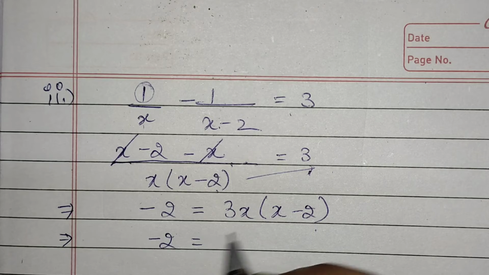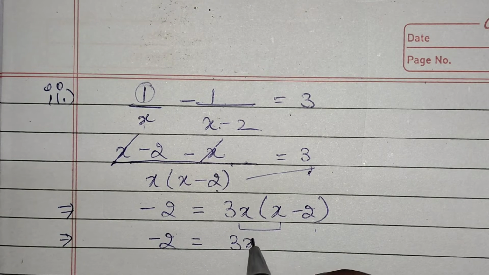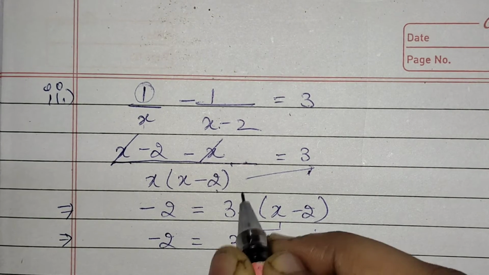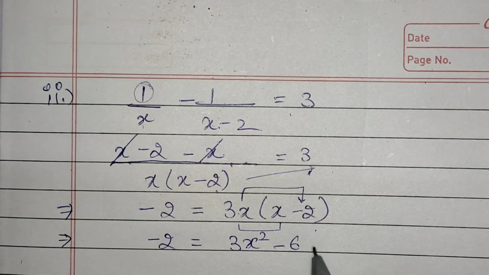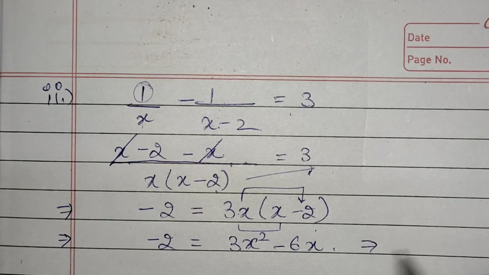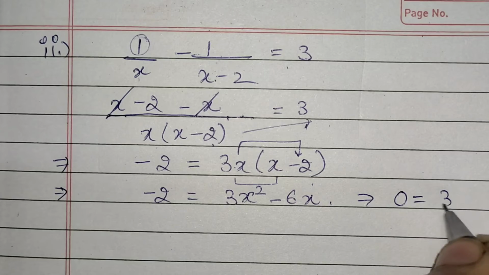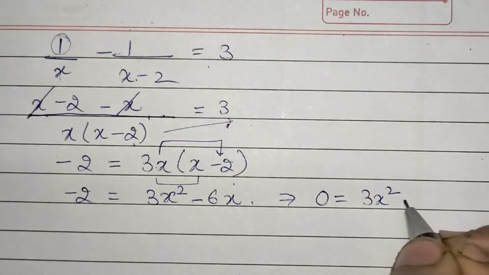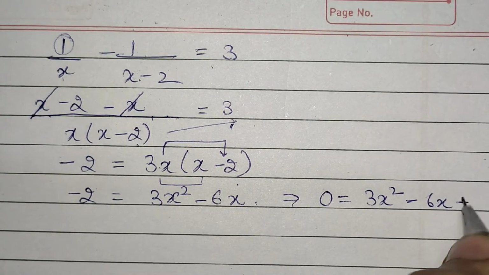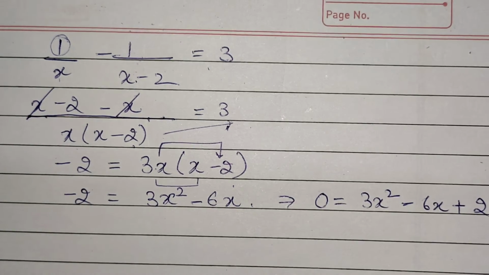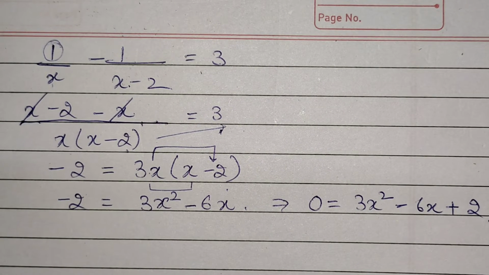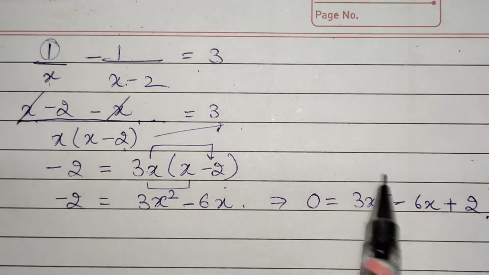So minus 2 is equal to 3x into x, which is 3x square minus 6x. So this will give you 0 is equal to 3x square minus 6x plus 2, is equal to 0.